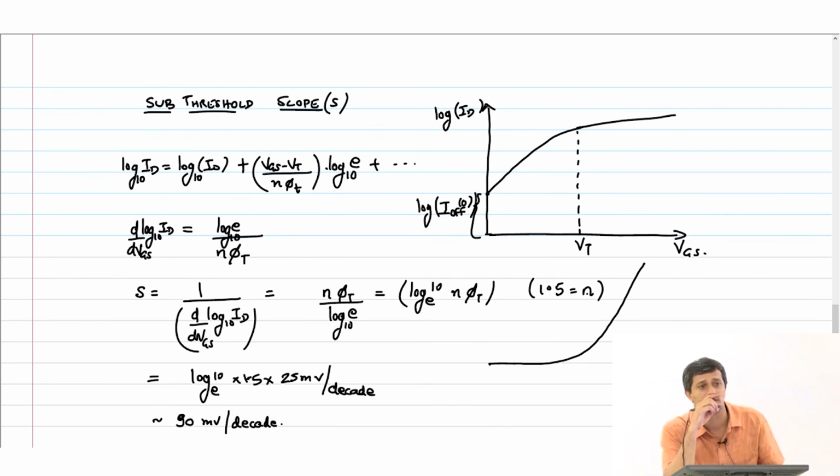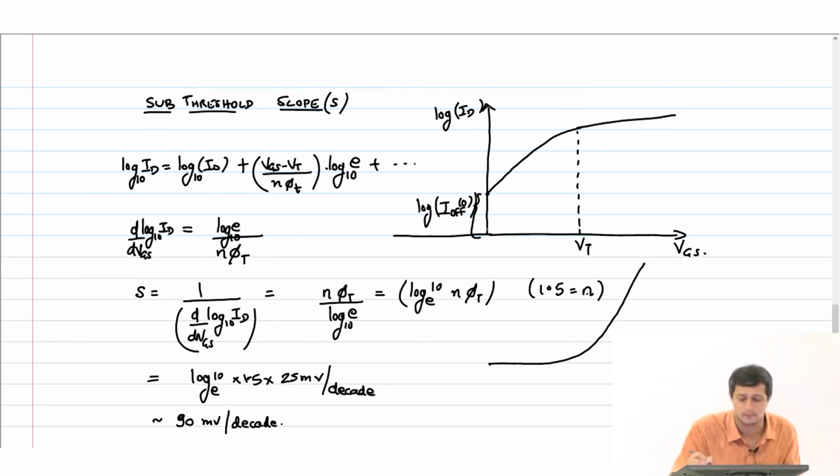Any questions here? So quite obviously, what happens now, by the way, if I plot this further? What happens if I lower my VGS below 0? What will happen?